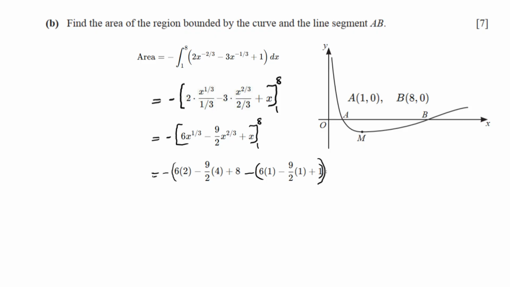Now simplify this, we get minus of 2 minus, this is 6 minus 9 over 2 plus 1 is 5 over 2. So minus of 2 minus 5 over 2 is 1 over 2. So the area is 1 over 2.